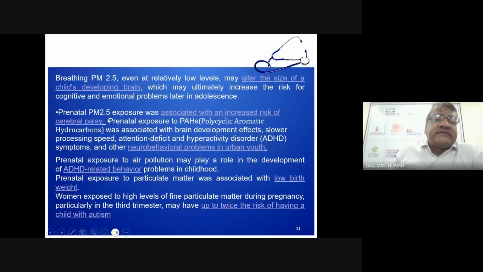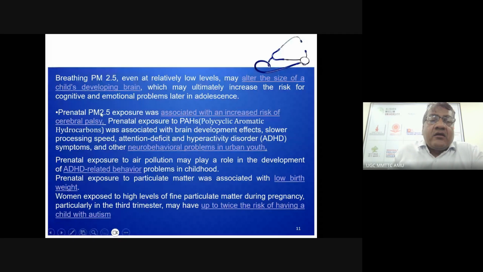Cerebral palsy is basically a disease which is found in the children when the development of brain is affected. In this cerebral palsy, the children have a low IQ and they have abnormal body movements. They have less concentrating power. They are hyperactive children. So these are the features of the cerebral palsy.